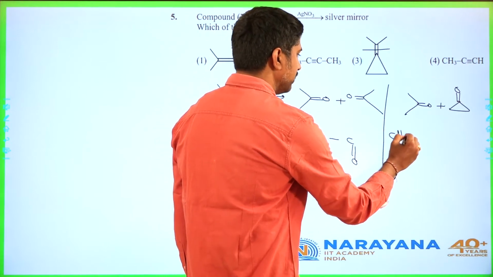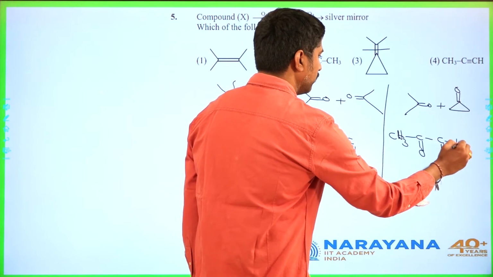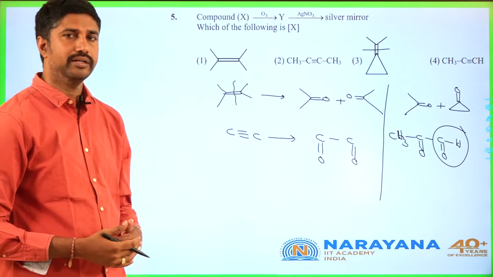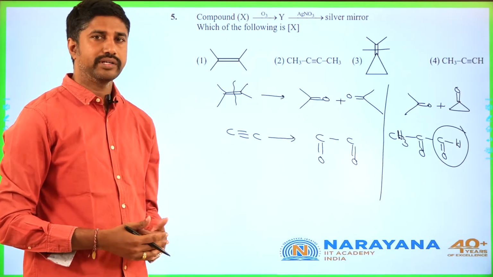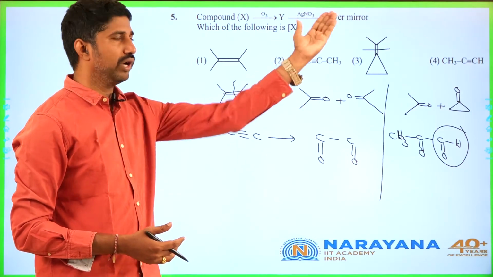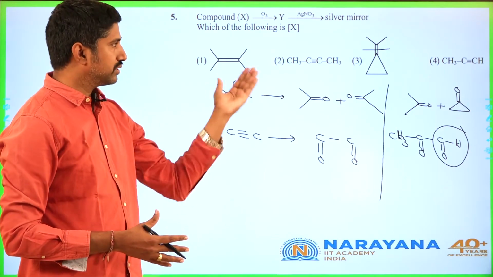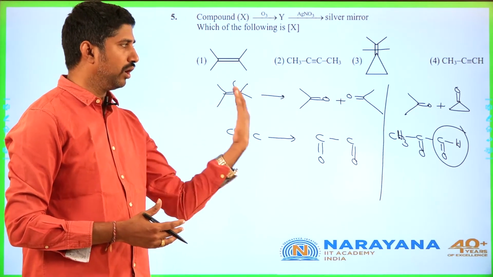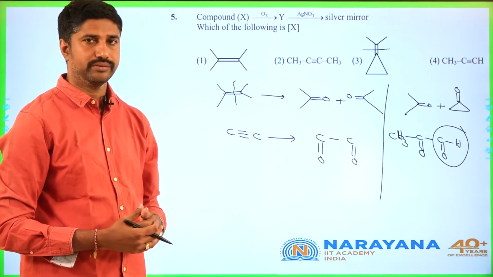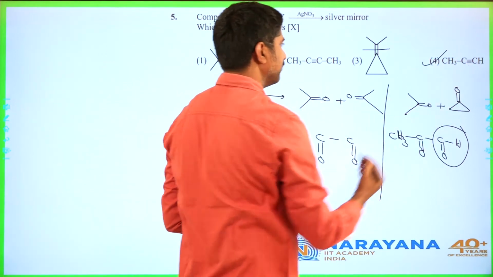So CH3, C double bond O, single bond C, double bond O, H. If you identify the compound here, we have an aldehyde. As we have an aldehyde functional group, that is capable of giving the silver mirror test. So when such questions are given, simply identify all the possible products for the options and then answer the question. For this question, the correct answer is 4.